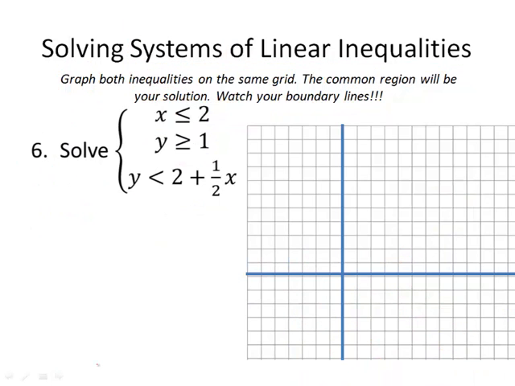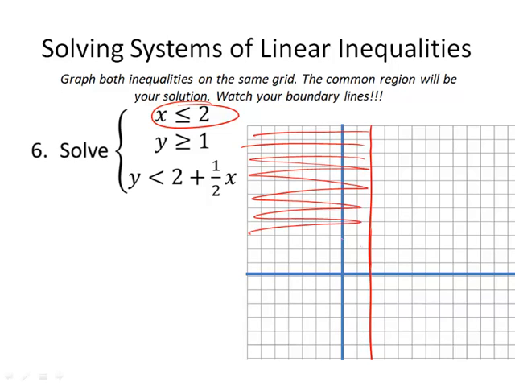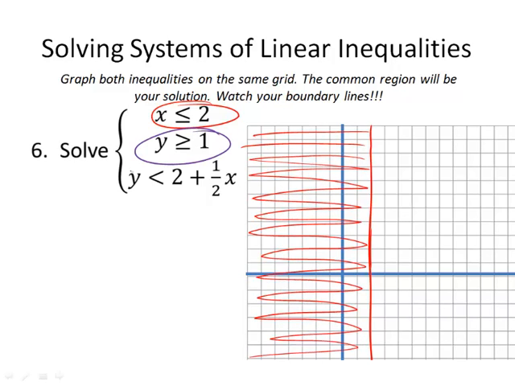Let's take a look at another example. Let's graph the first component where x is less than or equal to 2. We've already done that one, and that one includes the line at 2. X equals 2 is a vertical line at 2, and everything less than that will be shaded. Let's do the next one in purple.